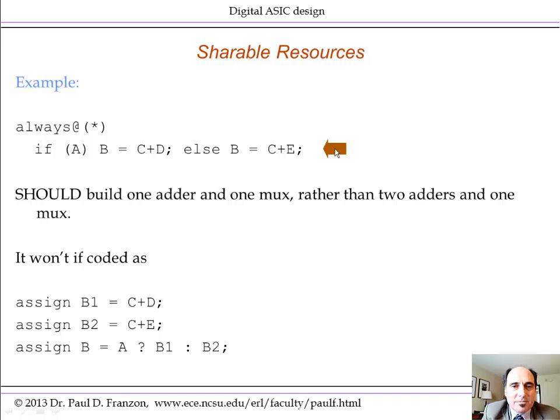If you write it like this within one procedural block, you will get that. If you write these as separate procedural blocks, or here separate continuous assignment statements, you most probably won't get that. The shareable resources code within the synthesis tool won't identify this as a shareable resource and go ahead and share it as appropriate.